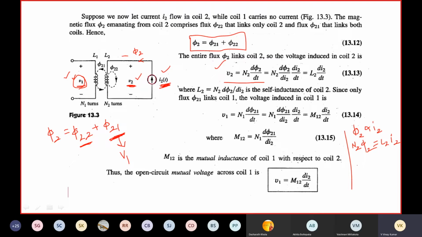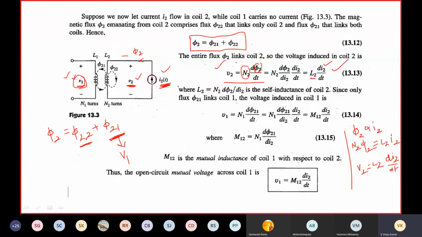Then you are going to get V2 is equal to L2 dI2 by dt. So V2 is equal to L2 dI2 by dt. This is self-induced EMF.